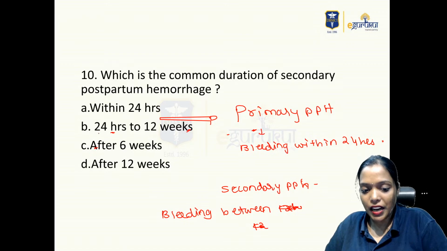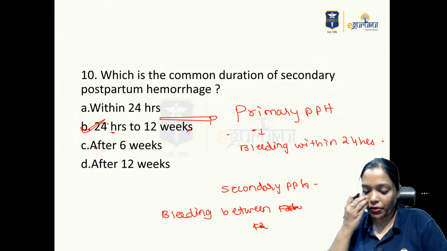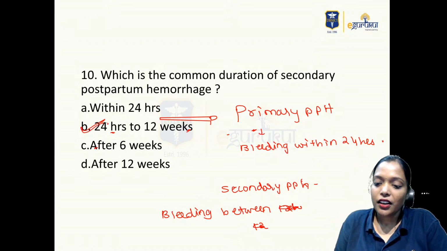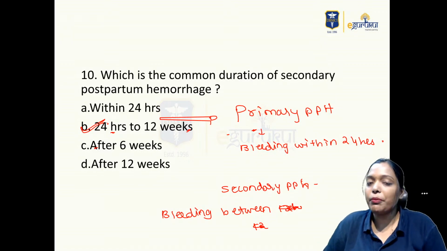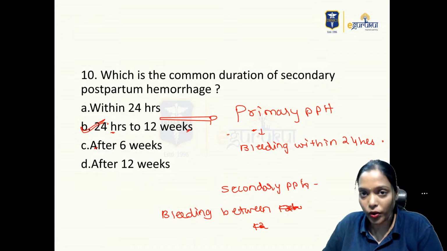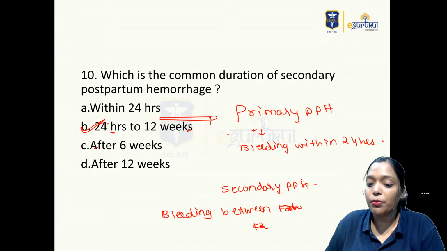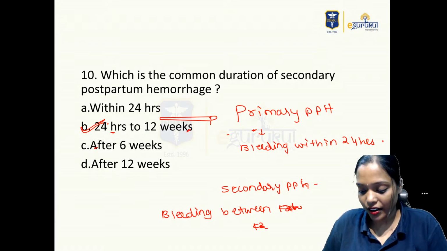So that is why the best answer here is B, between 24 hours to 12 weeks. Okay, so for primary PPH, the most common cause is atonic uterus. For secondary PPH, the most common cause is retained placenta, right?